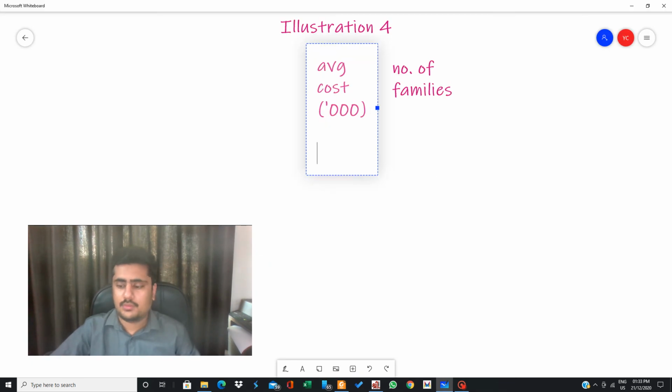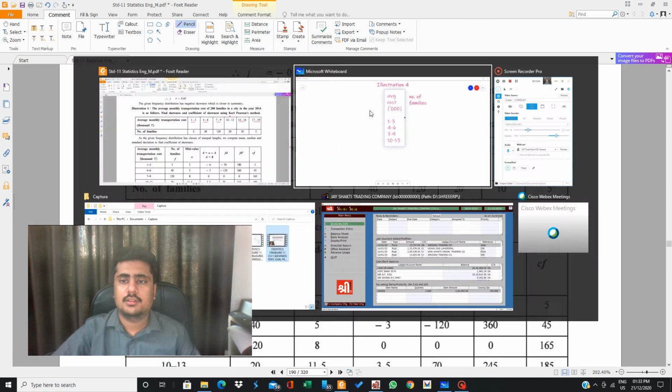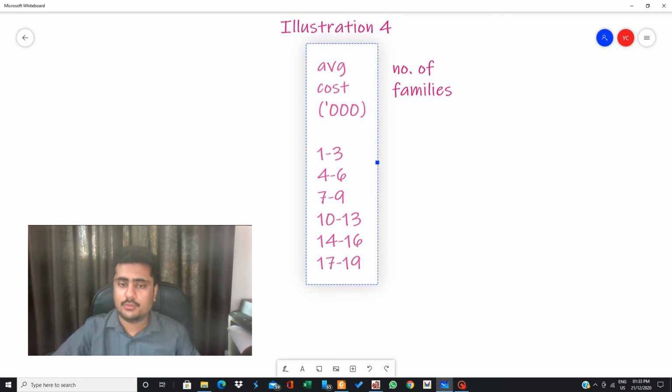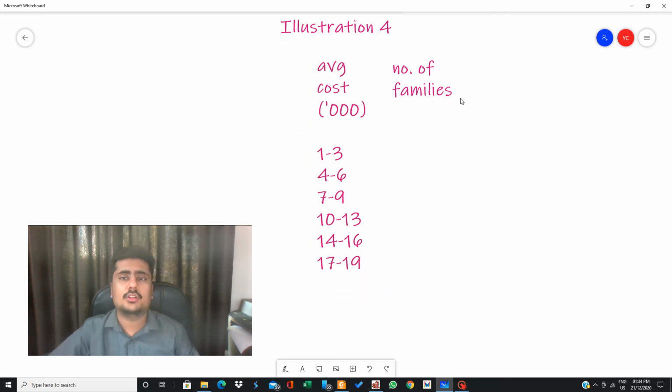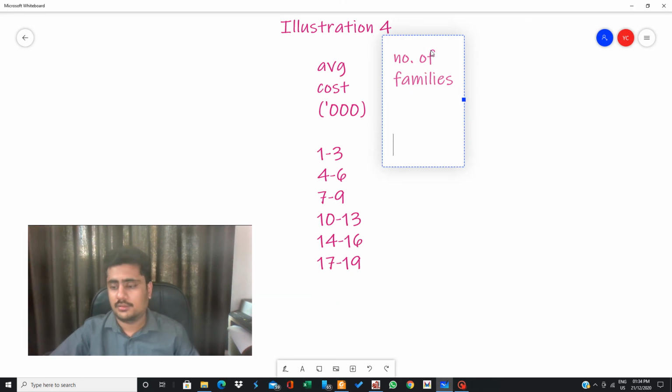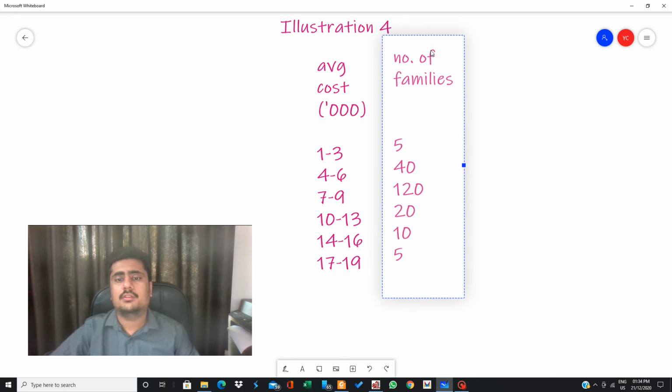So it's 1 to 3, 4 to 6, then 7 to 9, then 10 to 13, then 14 to 16, then 17 to 19. As I told you, the 10 to 13 is not in the sequence, so that particular class is not to be done. Okay, then 5, 40, 120, 20, 10, 5.